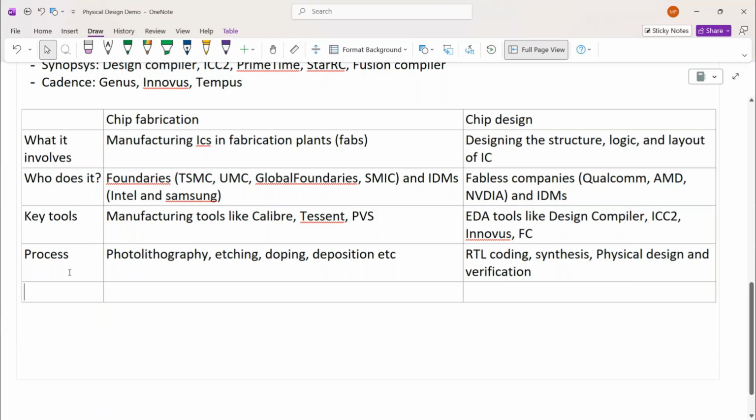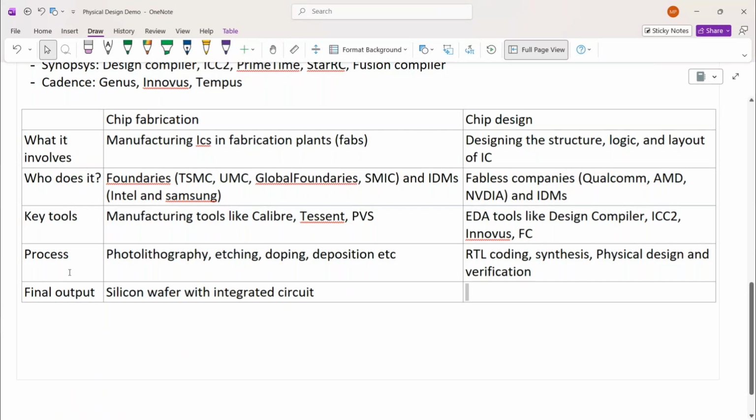Then what is the final output in both the cases? What is the final output? A silicon wafer with integrated circuit, right? The output from the design team, the physical design engineers are the last team.